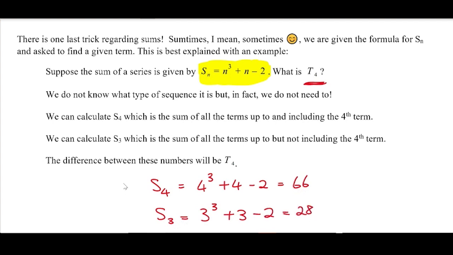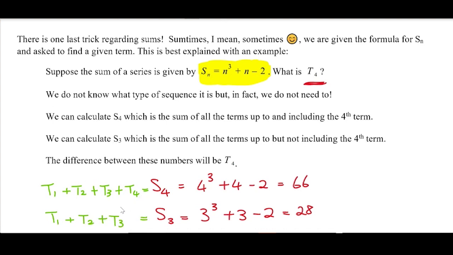Now, if we think about S4, S4 is actually term 1 plus term 2 plus term 3 plus term 4. Right? S3 is term 1 plus term 2 plus term 3.